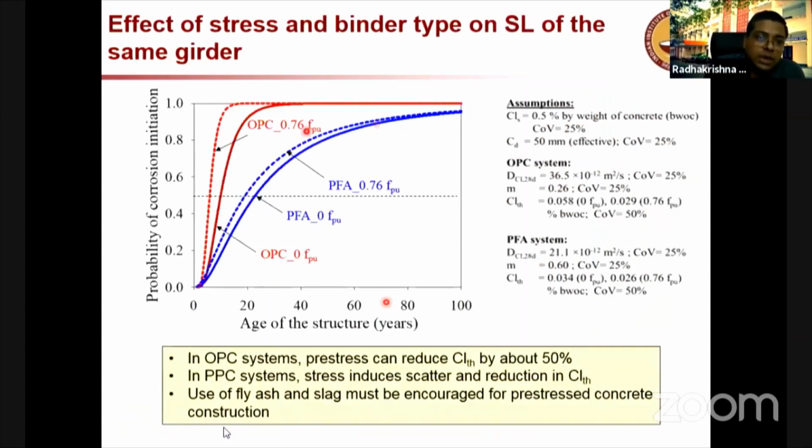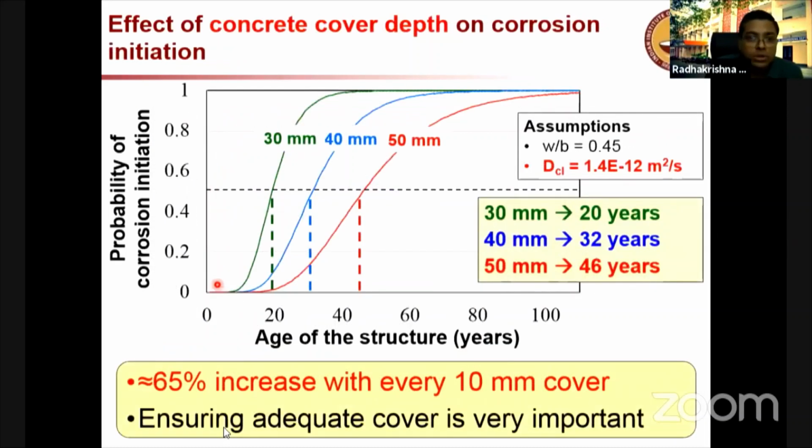The blue curves here show very clearly that if you use fly ash based systems in prestressed concrete, I mean, again, this 20 years is just a case study which we are showing. If on average you can get 20 years with the fly ash based system, if you are actually using an OPC based system, you will get only about half of it. So these are the important points: we have to use SCMs in prestressed concrete also.